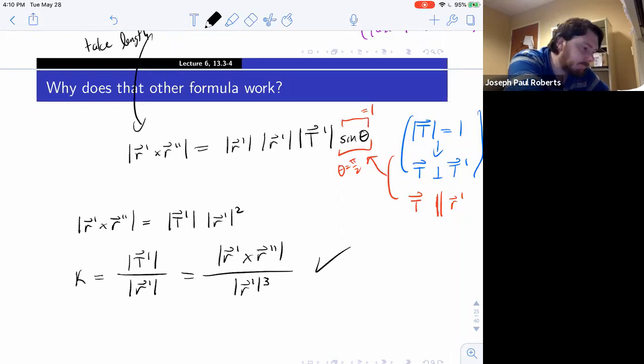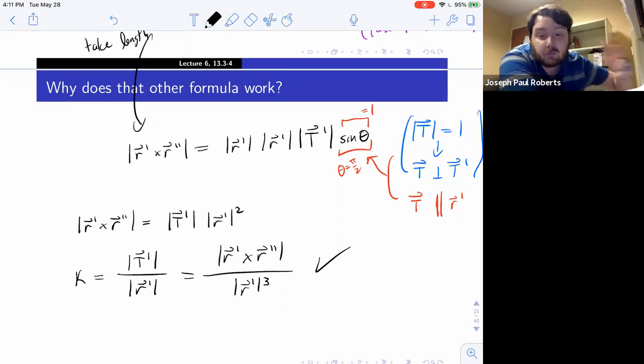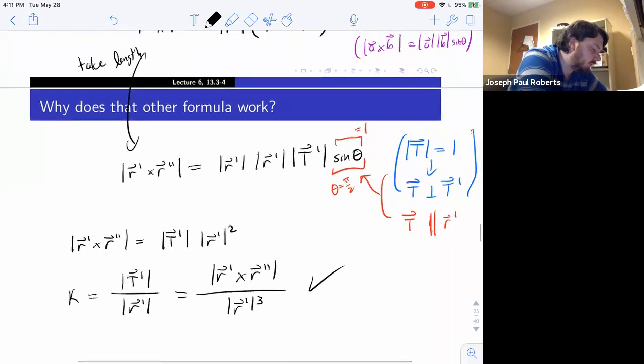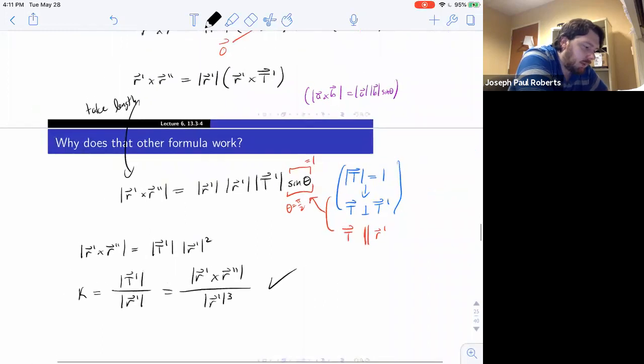So again, you're not going to need to know how to do this, but it ties together cross product properties, two different kinds of product rules. So it really ties together a lot of what we've talked about over the past few lectures.